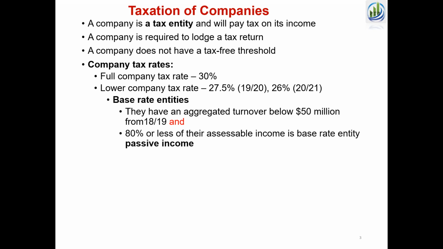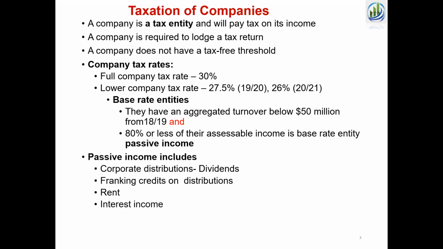The second condition is that your income should not exceed 80% from passive income. First, we want to understand what passive income is, then we can go back to the 80%. Passive income means income from investments, especially rent, dividends, franking credits, interest income, royalties, and capital gains.